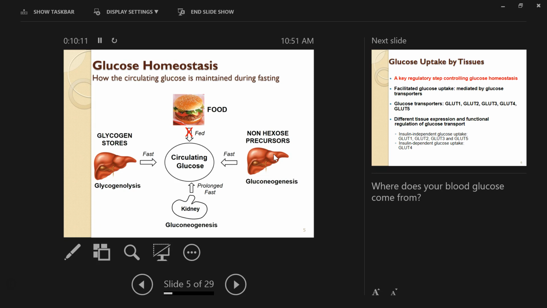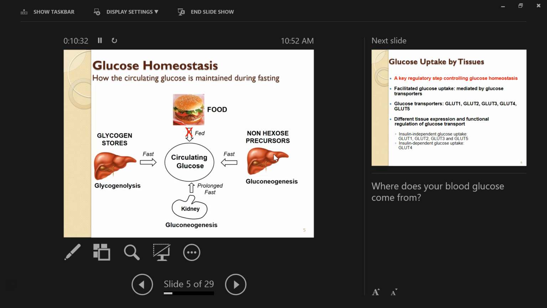Triglyceride, but we have not talked about it yet. But in the carbohydrate metabolism part, glycogen is an important stored energy. So glycogen is broken down primarily in the liver to release glucose into circulation.